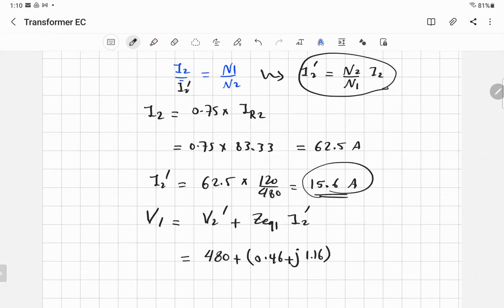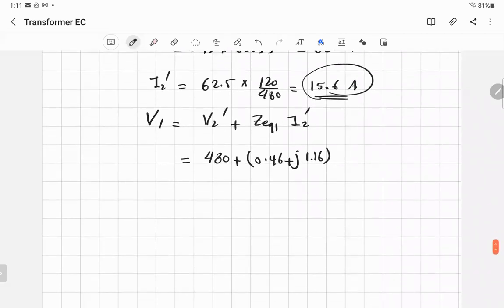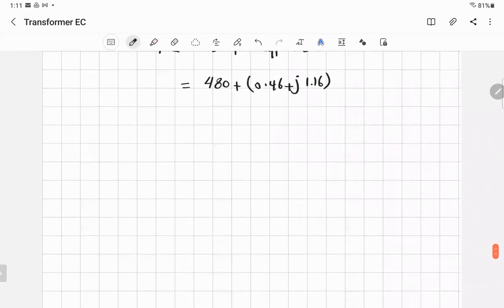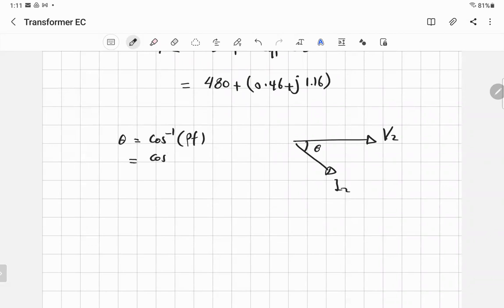Then you ask how I can get the angle. Simple, from the power factor. The power factor is 0.866 lagging. What does it mean? If you have the voltage V2 like that and I2 like that, and this is theta, theta is equal to cosine inverse of the power factor. Cosine inverse of 0.866 is equal to 30 degrees.